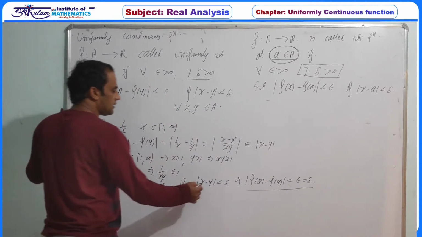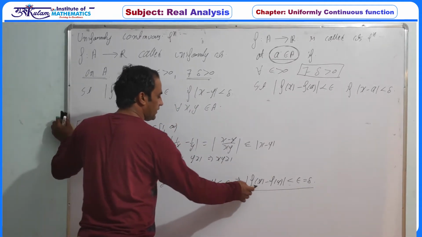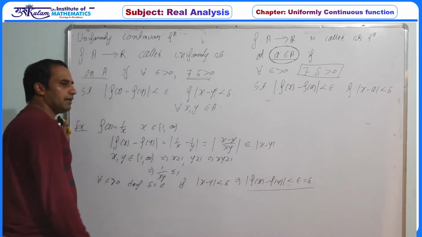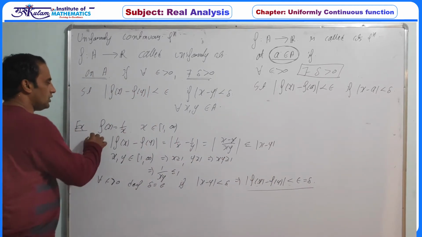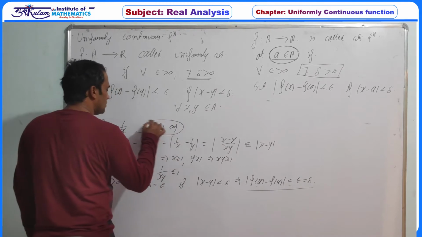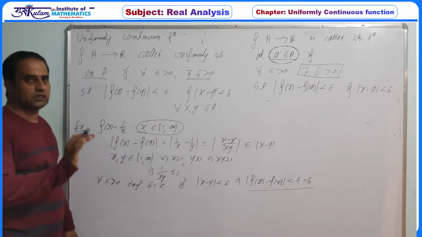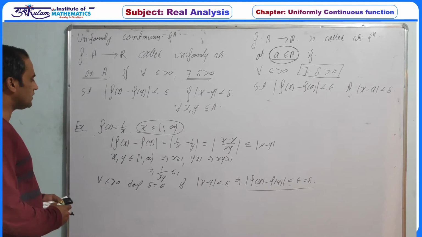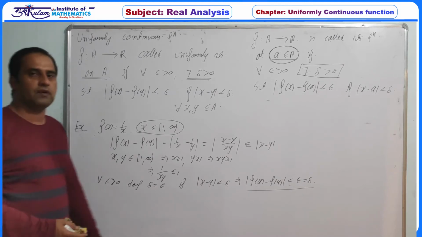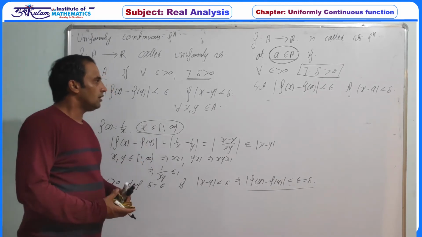So whenever mod of x minus y is less than delta, mod of f(x) minus f(y) is also less than epsilon. That is, this function is uniformly continuous on this set. So just by definition, f(x) equal to 1 by x is uniformly continuous on [1, infinity).